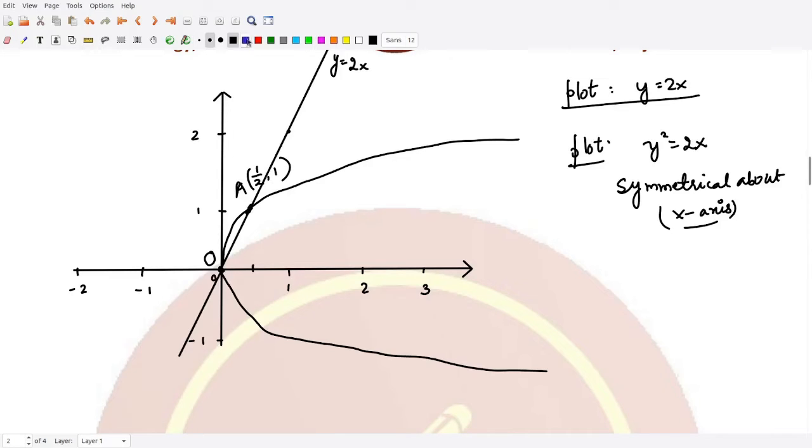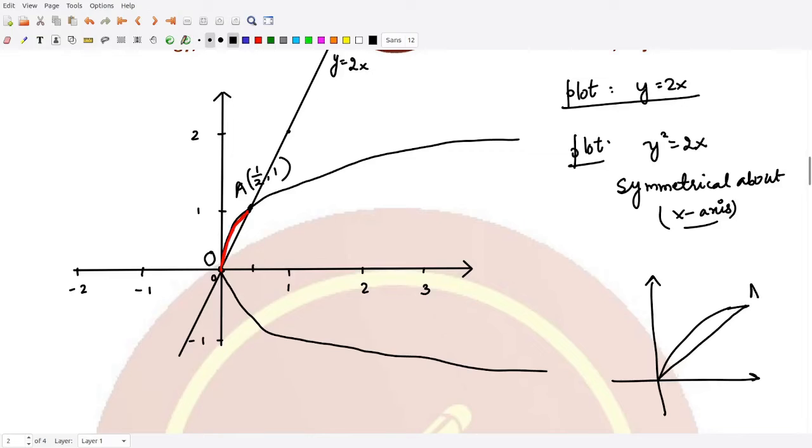So here in this question we are to calculate the arc length passing from the point A to the point O. So we are interested to calculate what is the length of this arc, right? If I draw it enlarged, we would have something like this, right? And the line is going something like this.